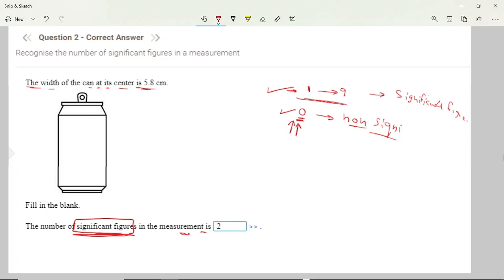The first condition is that if a 0 is between 2 significant digits, for example 109, this 0 will be significant.